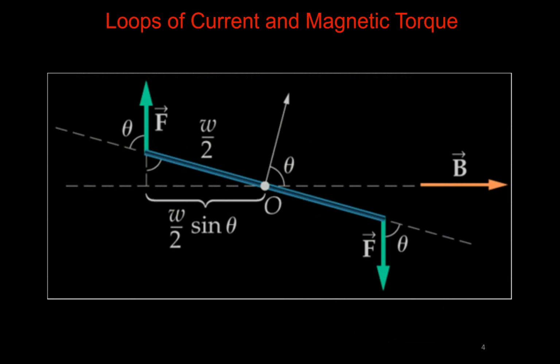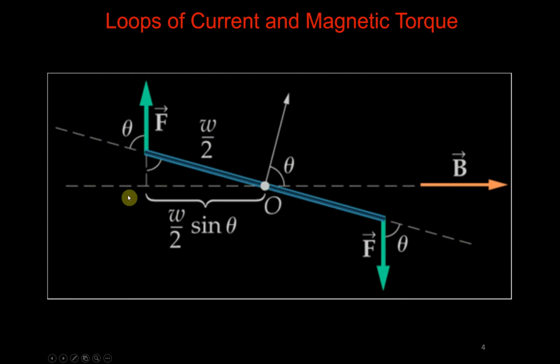So if we look at it from the side, here's the force acting downwards here on the moving charges in the part of the loop that's moving into the screen, and here it's out of the screen. That will cause a force upwards here and a force downwards here.